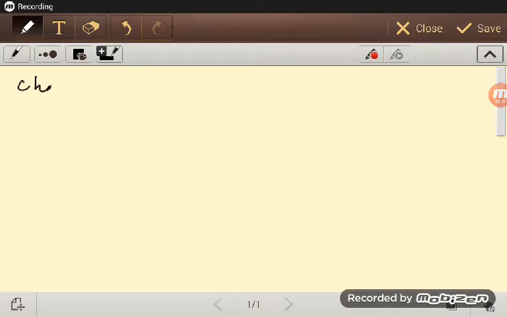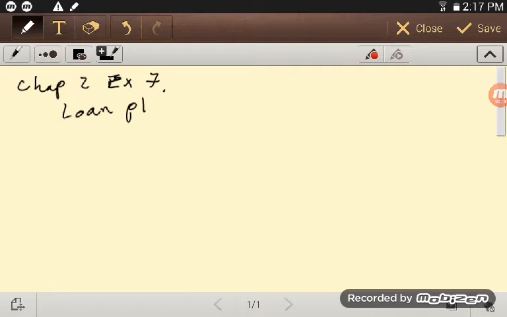So here is chapter 2, exercise 7. This one mentions loan planning. Okay, so that looked interesting.